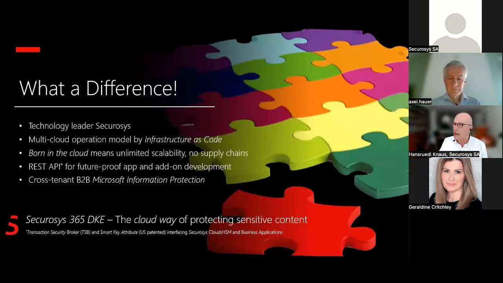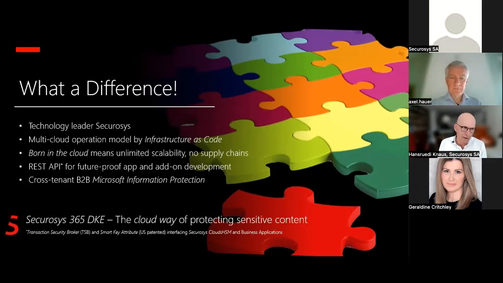I would like to highlight a few points, like technology-leading Securosys. We think we are the technology leader because we just started with our architecture in 2015. We didn't have any old stuff we had to take care of. We could start from scratch, so we have new technology.